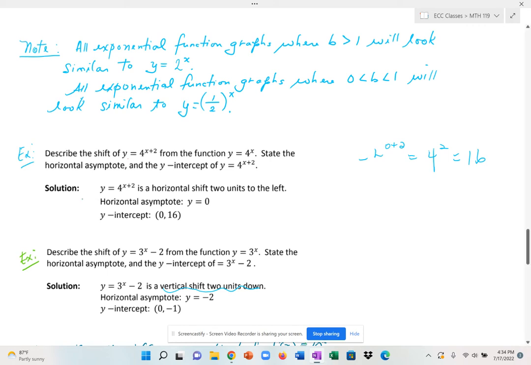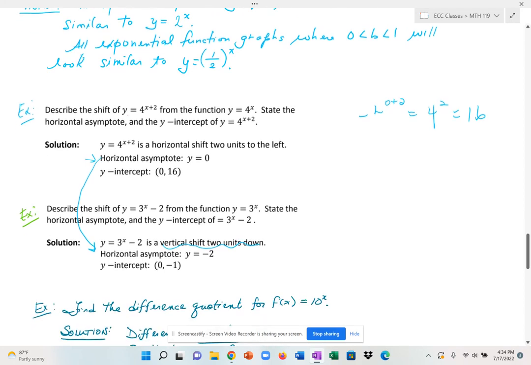So remember, the horizontal asymptote is typically y equal to 0. When you shift down, the new asymptote is at y equal to negative 2. And when you plug in 0 in here, you'll get y equals 3 to the 0 minus 2. That is 1 minus 2, which is equal to negative 1. So 0, negative 1 is your y-intercept.